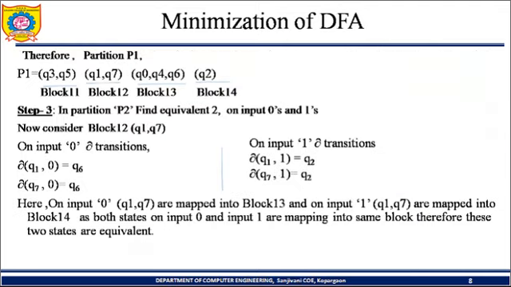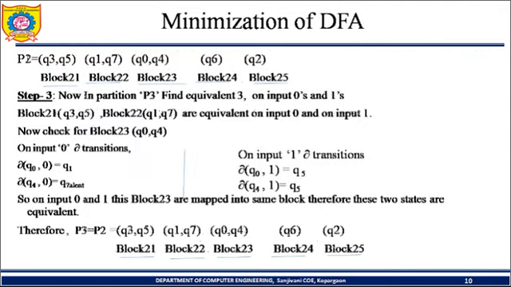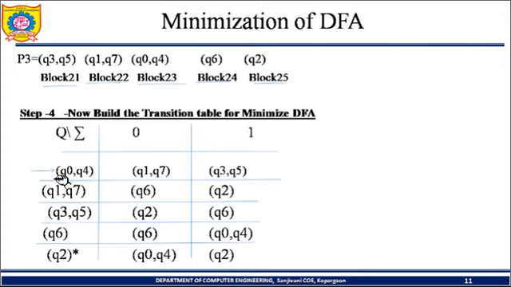So the block which consists of Q0 will become the initial state in the minimized DFA transition table. That's why Q0 Q4 is the initial state, and I have shown it with the help of an arrow. In the same way, the second block is Q1 Q7, so this is another state. Q3 Q5 is the third state, Q6 is the fourth state, and Q2 is the final state in the given transition diagram.